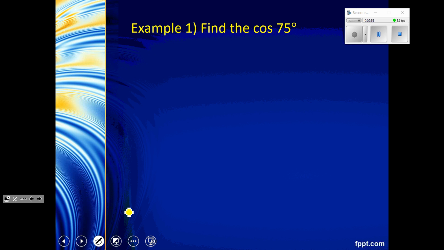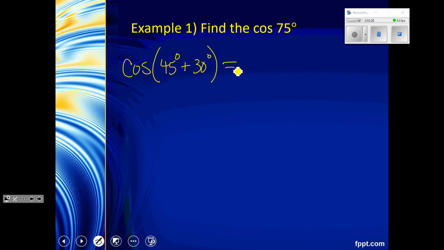So you just told me that we could add together 45 degrees plus 30 degrees, and that would give us cosine of 75. Yes? So what's our formula if it's an addition? If I'm adding the two numbers together, what's our addition formula?